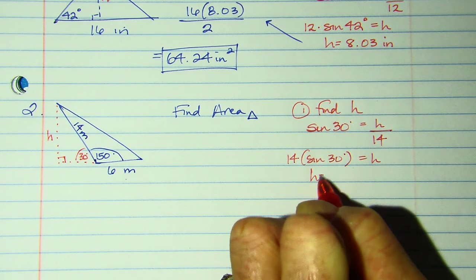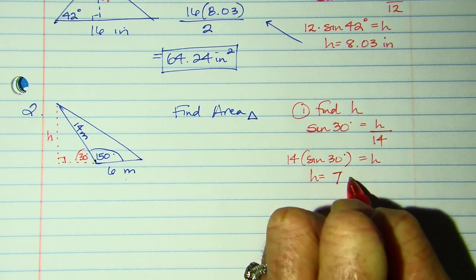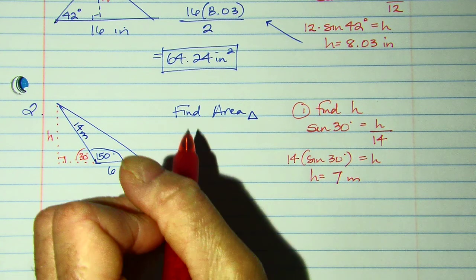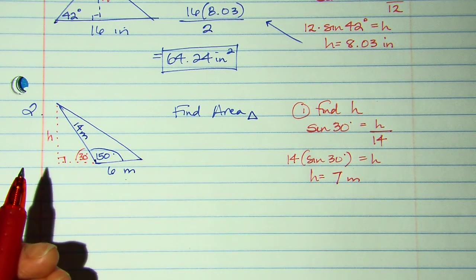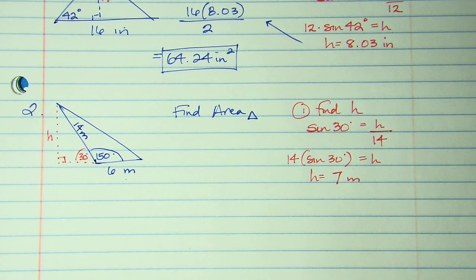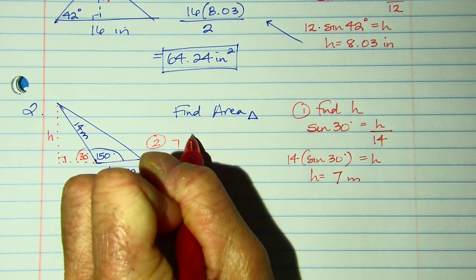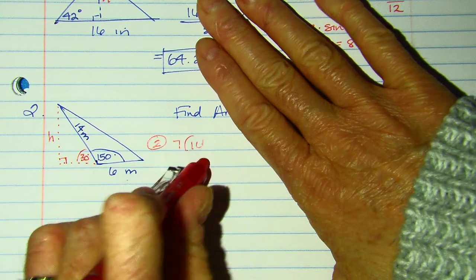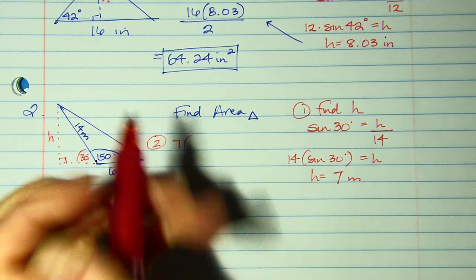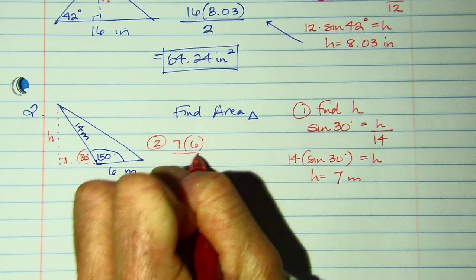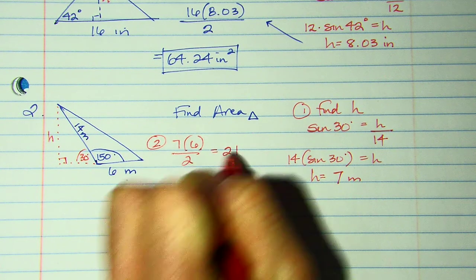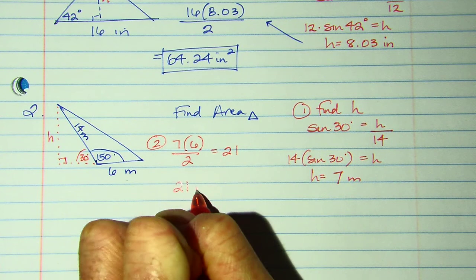So I found a height of 7 meters. So if my height is 7, then the area of my triangle would be 7 times 6 divided by 2. That gives me 21. So 21 meters squared.